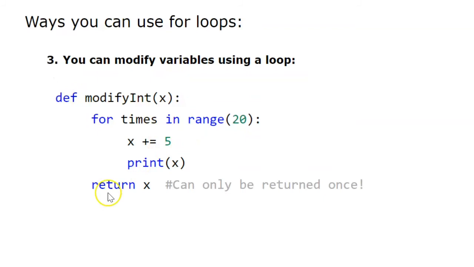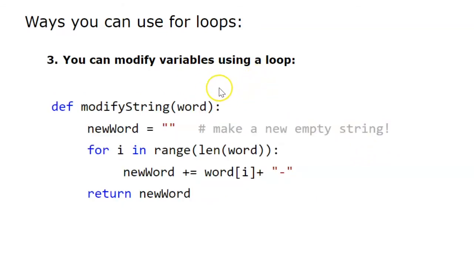So we could take x, whatever it is, and add 5, then add 5 again, over and over again, 20 times. We could print it each time, and then we could return it at the very end. If we return the value at the very end, this ends the function, meaning that the function can't have anything underneath this. So we can only return once for every condition.